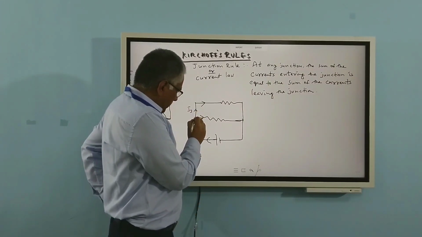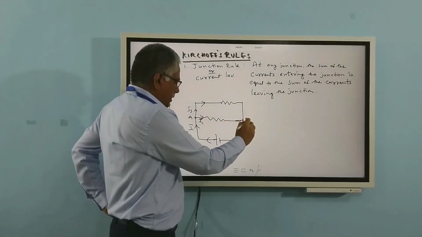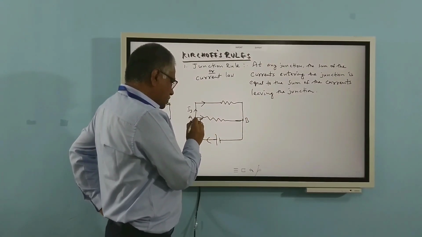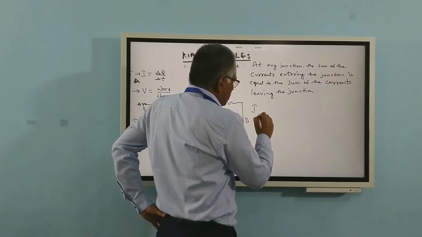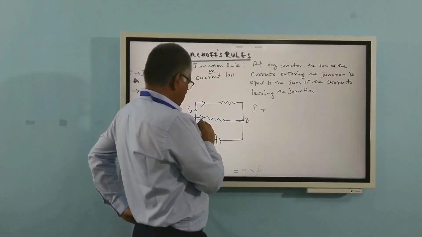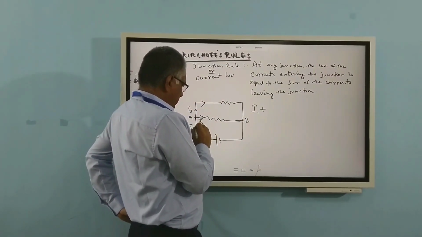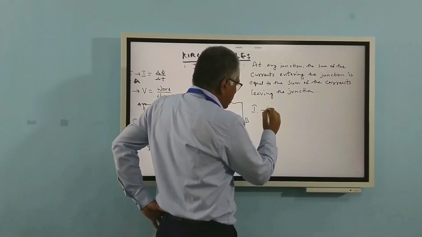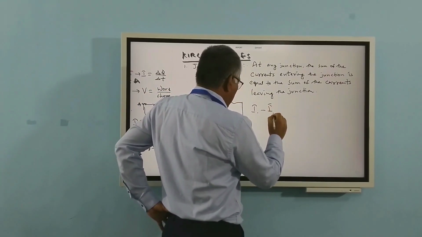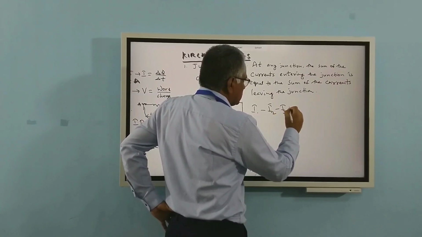At this junction, let us take point A. How much current enters this junction will be equal to the current leaving the junction. That is, I1 minus I2 minus I3 is equal to 0.